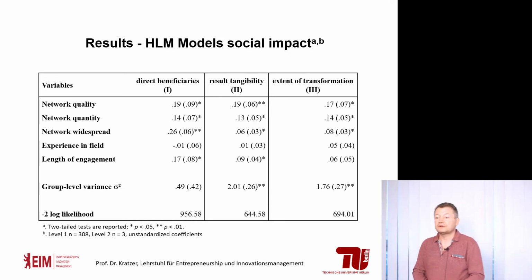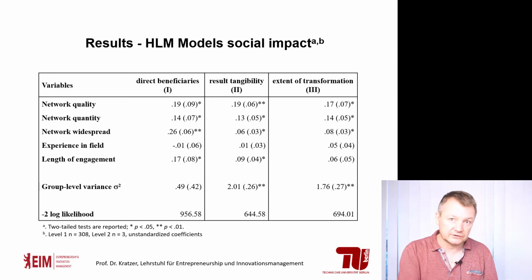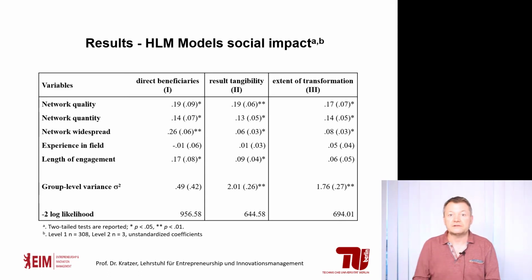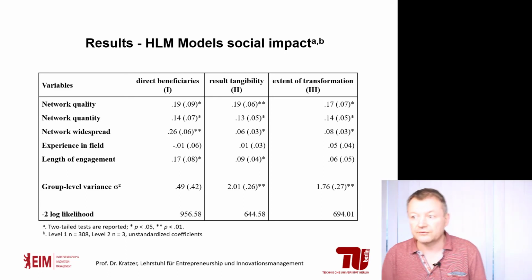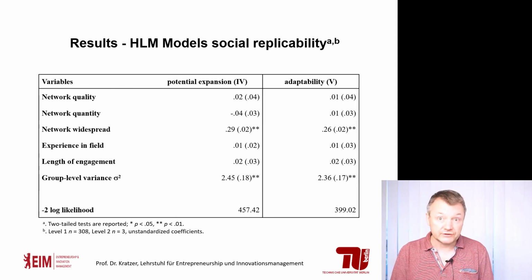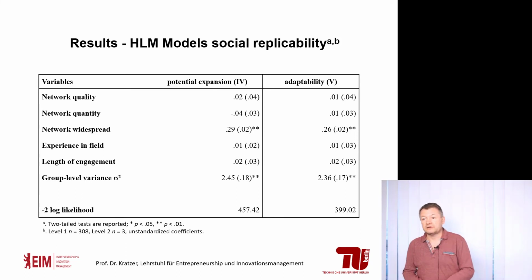In this model, you can see that all network aspects, network quality, how close the contacts are, how frequent the contacts, and how big the network is, widespread, all had a positive effect on beneficiaries, tangibility, the extent of transformation, and the widespread, the size of the network, also had a positive effect on expansion and adaptability.